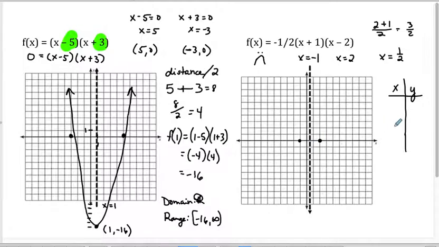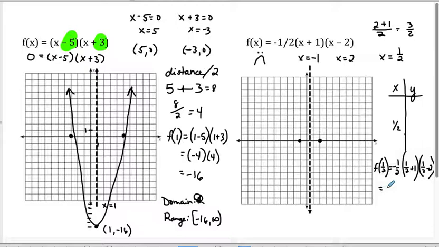So I know that I have an x value of 1/2, so I need to find that y value along the axis of symmetry. So I'm going to evaluate this function for 1/2. So f of 1/2 is equal to negative 1/2 times 1/2 plus 1 times 1/2 minus 2.